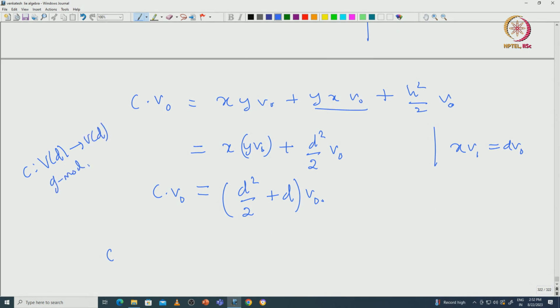So using Schur's lemma, we see that this C has to be some lambda times identity on V.